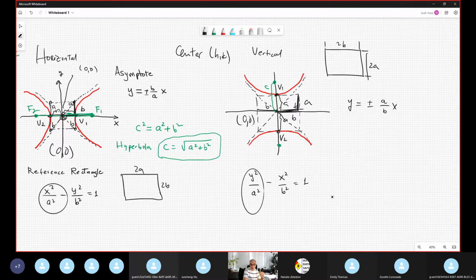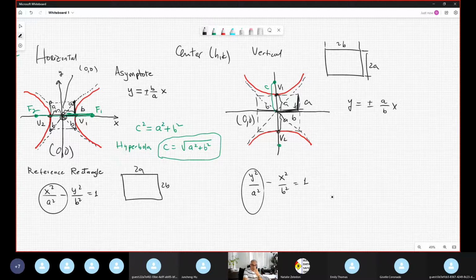Okay, cool. You move a upward and a downward, and you determine b1, b2 as the vertex, right? And moving from the center, b to the right and to the left, you are doing our reference rectangle one more time. You connect the corners by the diagonal lines, and you have the asymptotes.